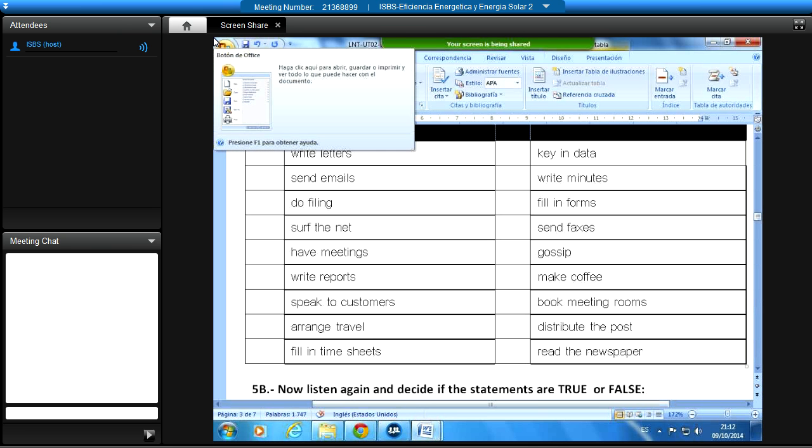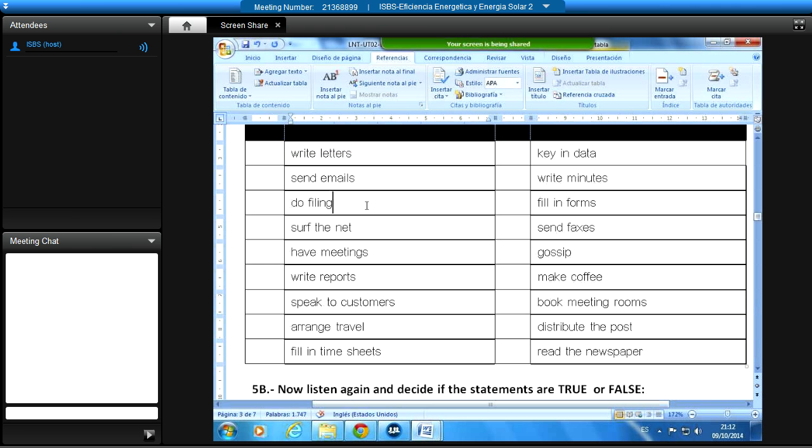Like archivar, okay? Hacer tareas de archivo. Filing. How do you say archivador, not the folder, but the piece of furniture.